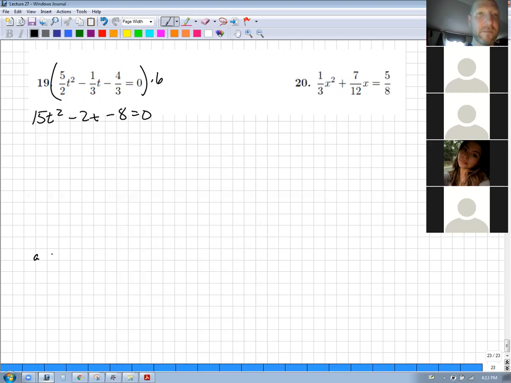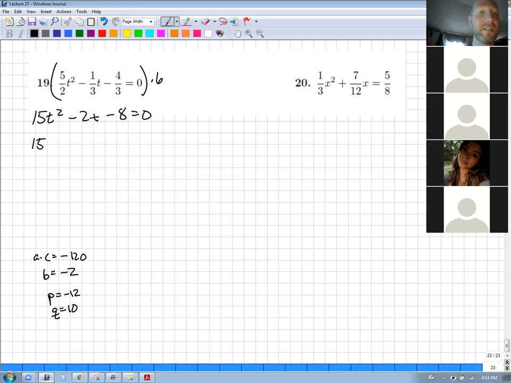So A times C here, I don't know what 15 times 8 is. 15 times 8, 120, and it's negative. B is negative 2. So 10 and 12, right? Would be negative 12 and 10. That should work.